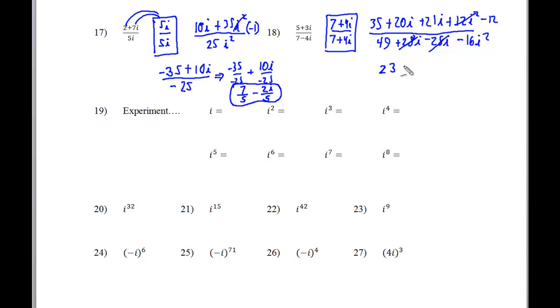And then the 20 and the 21 make a total of 41i, all over, in this case, my negative 16i squared turns into positive 16. So I add that to this, which is 65. All right, well, thanks for watching, and we'll have a third video covering 19 through 27.